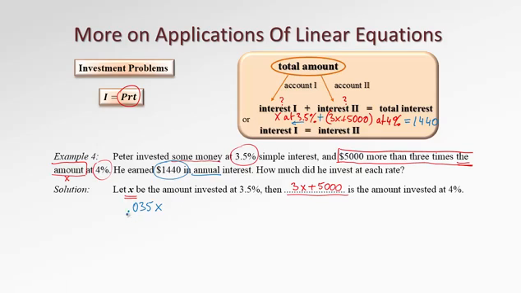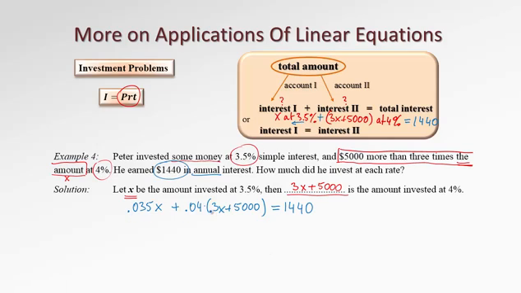So this expression represents the interest from the first account, and then we're adding the interest from the second account. The second account is at 4%, so it's 0.04 times the amount of money invested there, which is 3x plus 5,000. This has to be in a bracket, and that equals $1,440 in interest.